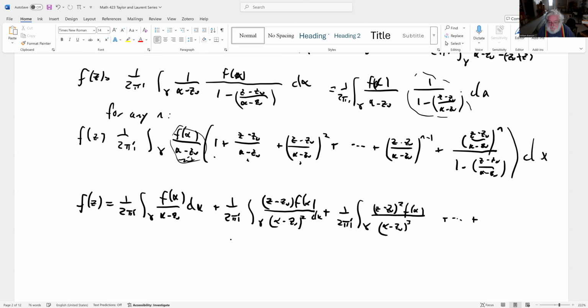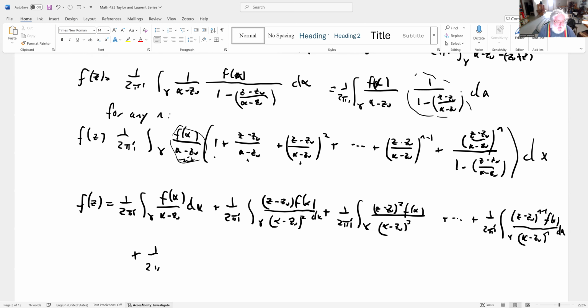Plus dot dot dot, plus 1 over 2 pi i, integral around gamma of z minus z0 to the n minus 1, f of alpha, over alpha minus z0 to the n, d alpha, plus the annoying term, and that's that last one.